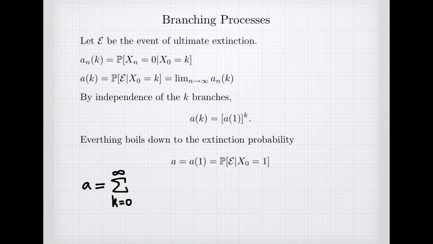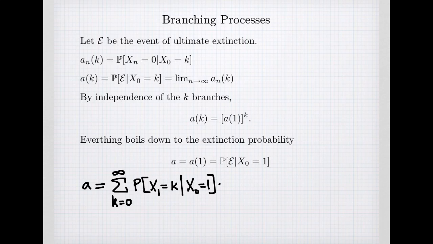And we're going to ask, what's the probability, first of all, that at step 1 I have k individuals, conditioned on x0 equals 1. So that's the first step.